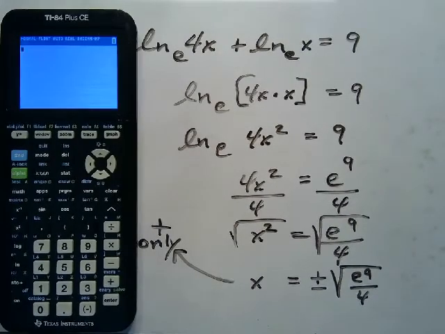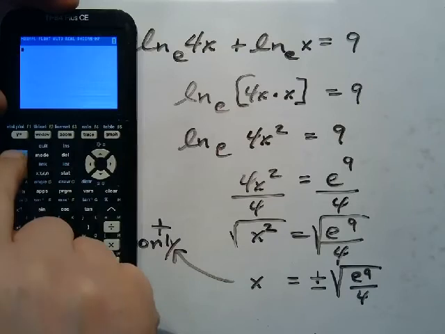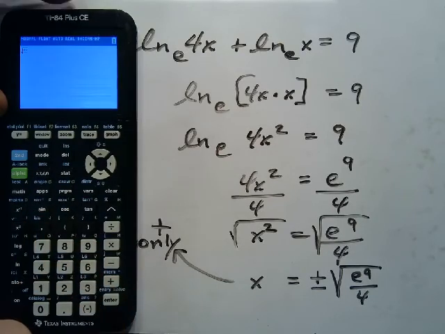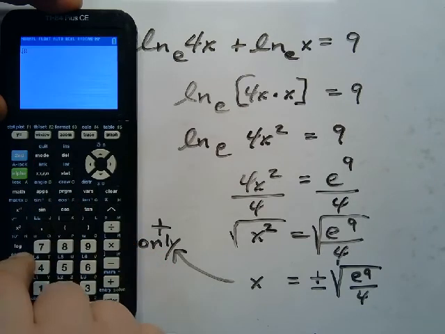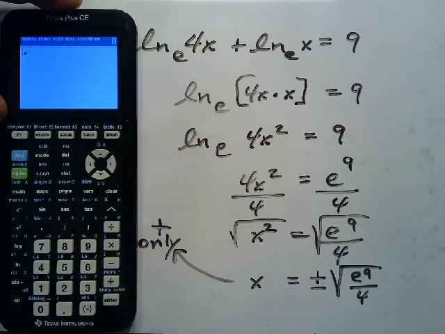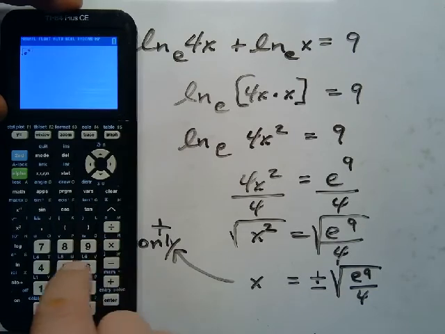Okay, so you can watch me punch the buttons this time. We're going to take the square root, second square root, of e to the x button there, and I want to put in a 9.